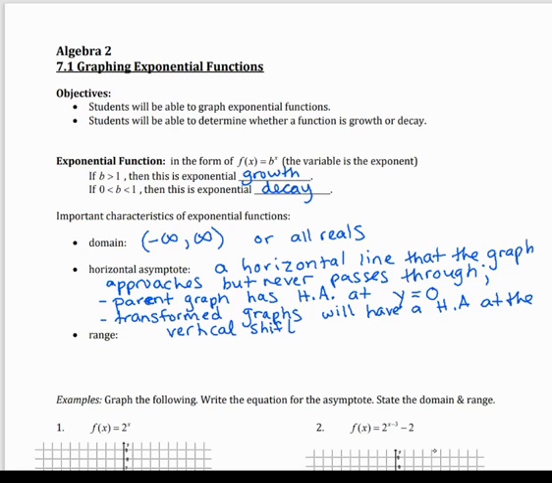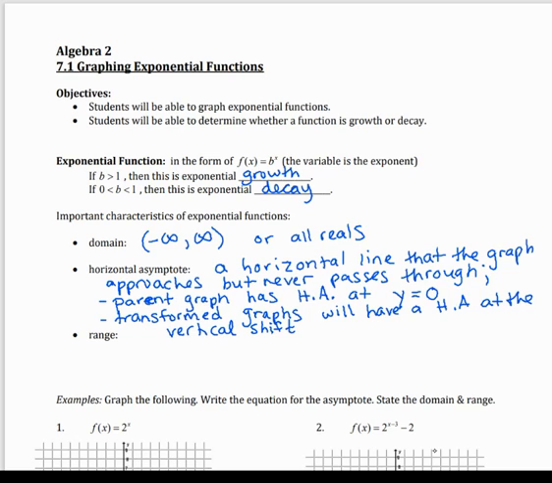Okay, so transformed graphs will have a horizontal asymptote at the vertical shift. So if I say plus 2 and I go up 2, that horizontal asymptote will now be at y equals 2. If I go down 7, now my horizontal asymptote is at y equals negative 7.